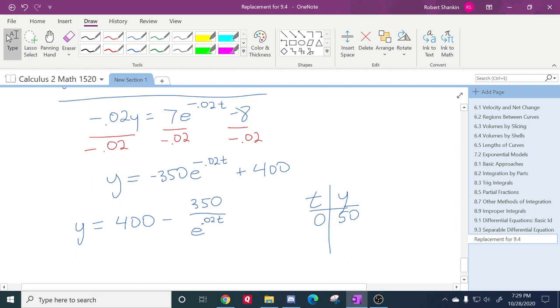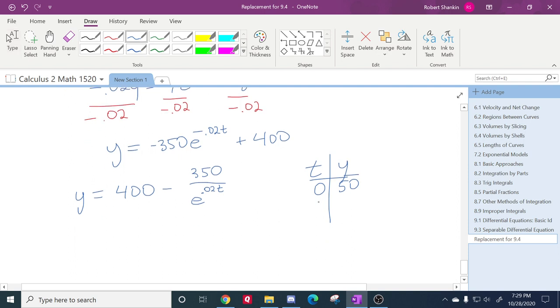And as t gets larger and larger, the denominator gets bigger and bigger, driving the whole fraction to 0, and this will go to 400. But we had already written that. The limit as t goes to infinity of y of t was 400. So this is making sense.